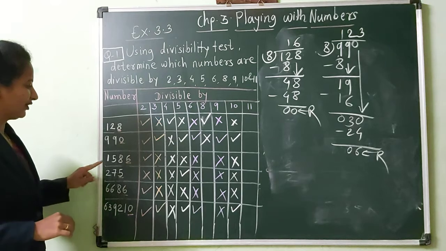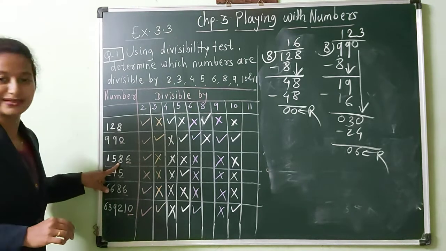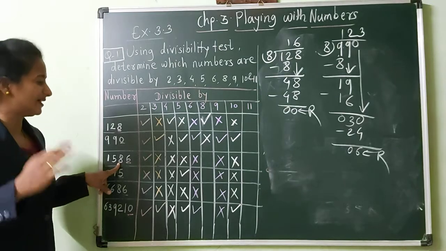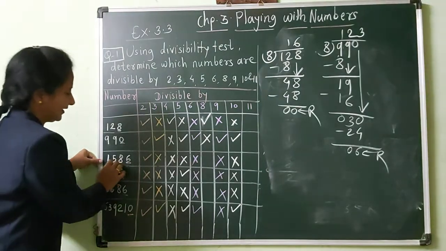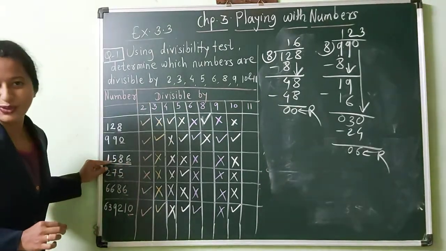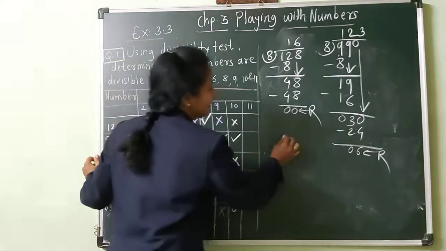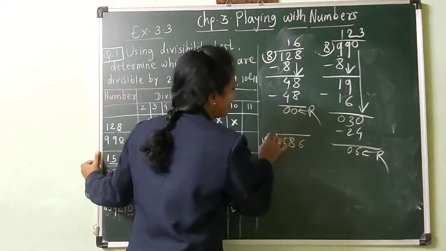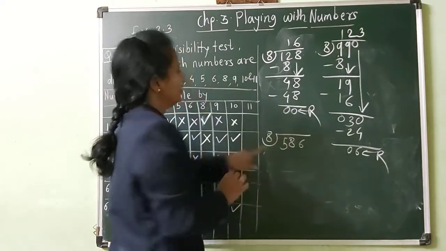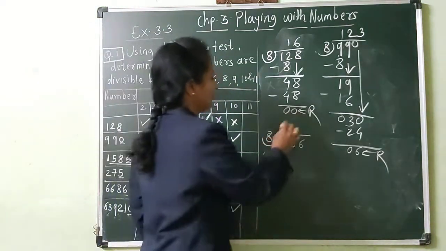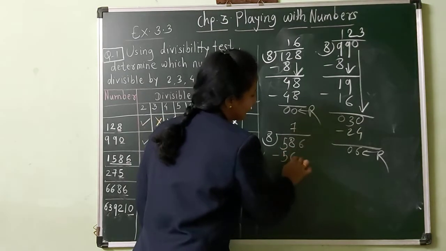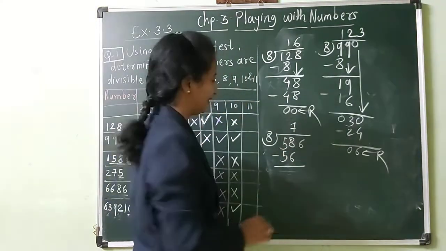See the next number 1586. So you have to check last 3 digits. So which number formed by using last 3 digits? That is 586. See 586. Check, is it divisible by 8? 8 ones are 8. 8 7s are 56. 58 minus 56.